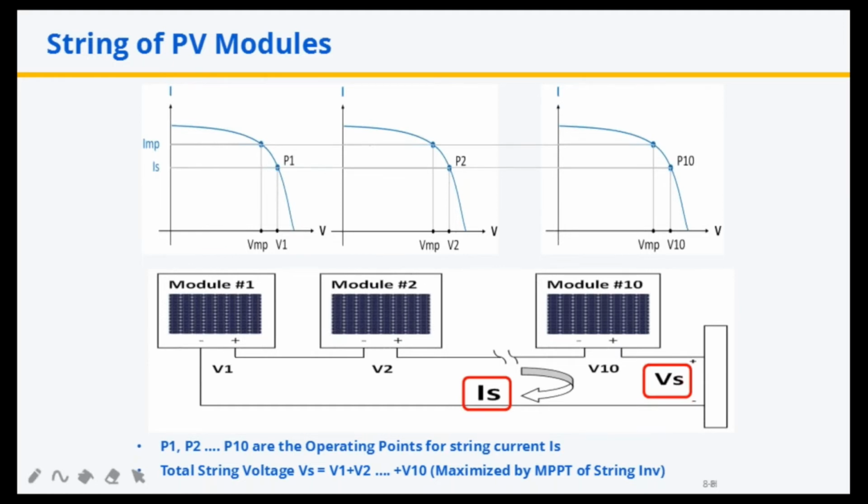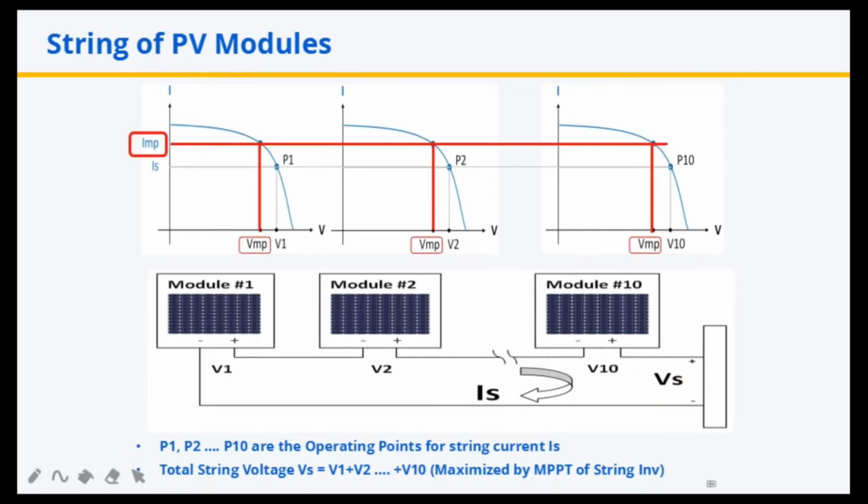If all the modules are identical and generating the same amount of power, the string inverter will ultimately draw the current IMP and the voltage output of each module will be VMP. The total string voltage Vs will be 10 times VMP. This is the ideal situation.